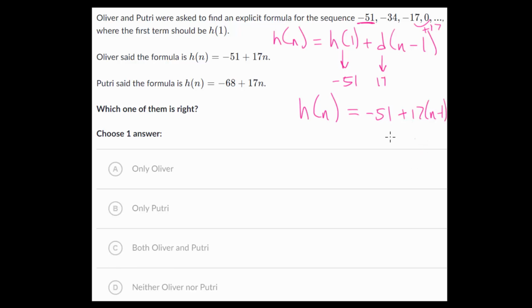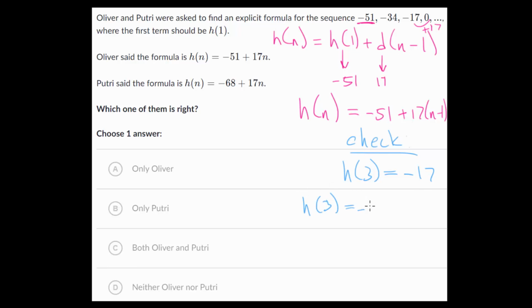And let's just double check, make sure that this actually makes sense. So maybe this time let's check for the third term, since we know that when you look at the third term in this specific sequence, we should get minus 17. So let's plug 3 into our formula. So we get that n equals 3 in this formula.